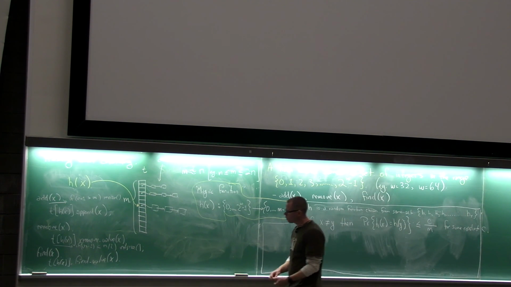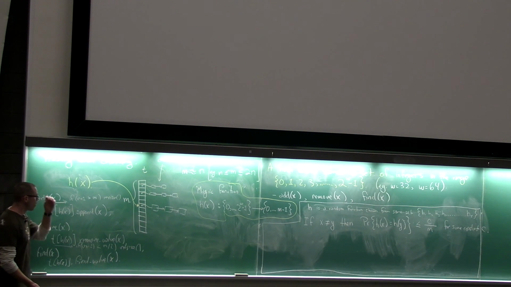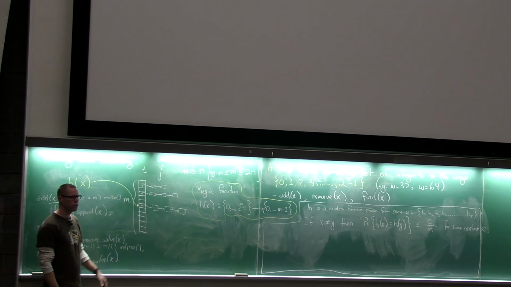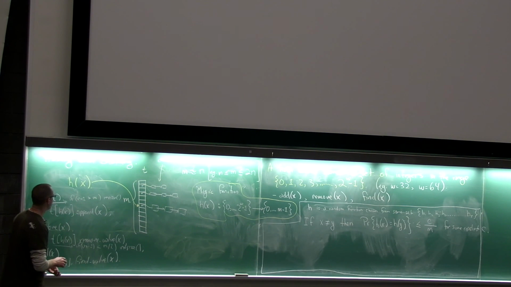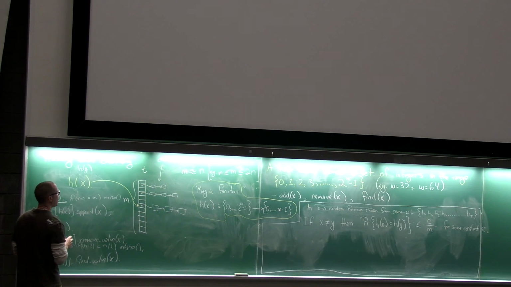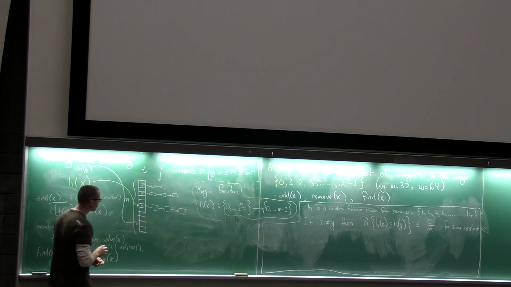So the intuitive way to think about that is h is sort of like a thing that takes x and throws it into a random spot here. It just picks one of these things at random to throw it. And then it comes along and takes y, and it throws it into a random spot here.